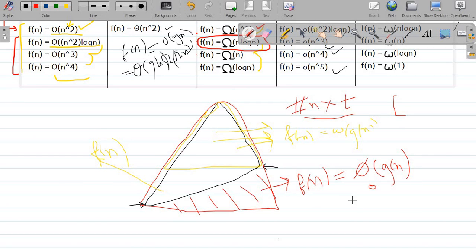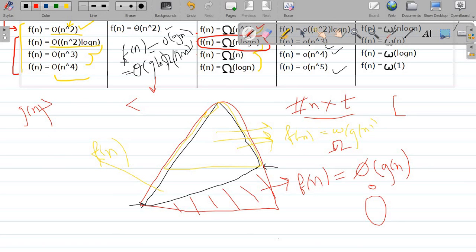We can also call it big O. There is no problem with it, and this can also be called omega, because the big O has all the possibilities when our g(n) is greater, and the case where it is strictly less than is covered by our omega.